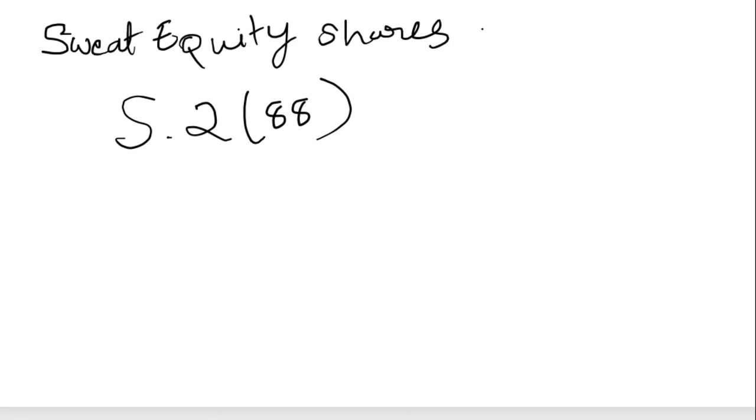Sweat equity shares means equity shares issued by the company to its employees or directors at a discount or for consideration other than cash, for providing know-how or making available rights in the nature of intellectual property rights, etc.